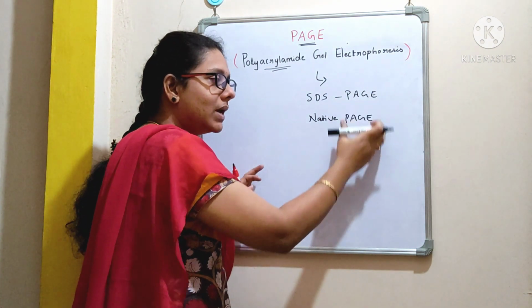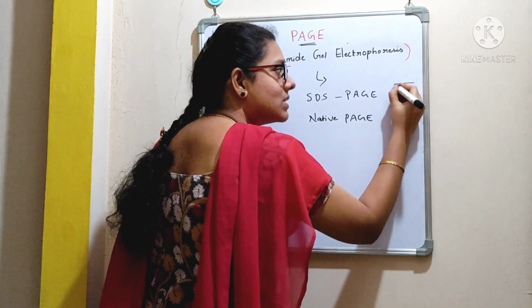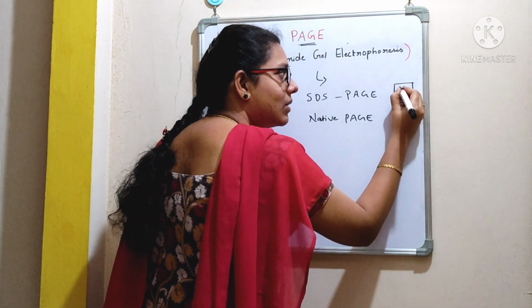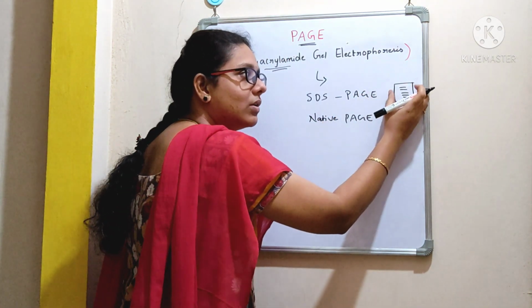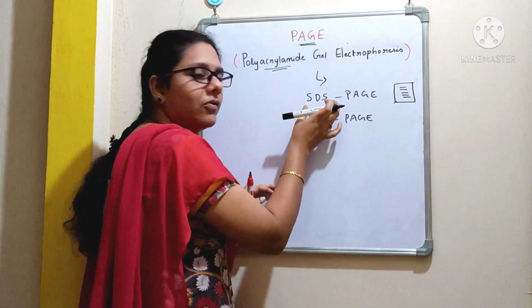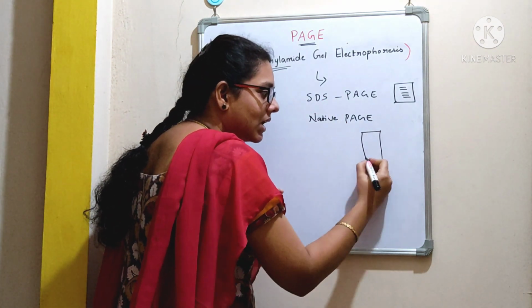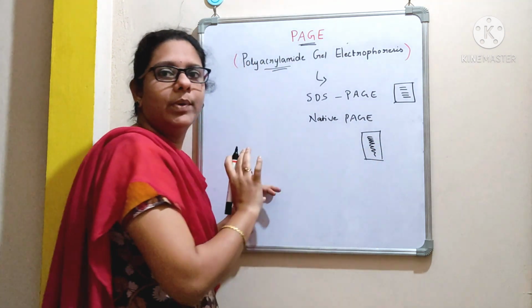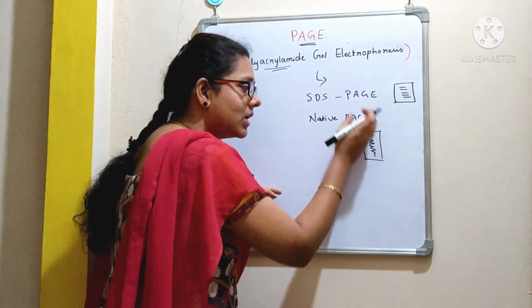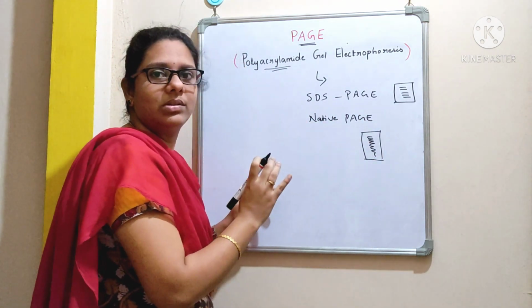So if you make out the difference between SDS-PAGE and native PAGE, in SDS-PAGE if you observe the gel, you will get individual protein bands, because here you denature the protein with the help of SDS detergent. But when it comes to native PAGE, you can observe it like a stack of protein bands, because we are not going to use any detergent that brings about denaturation.